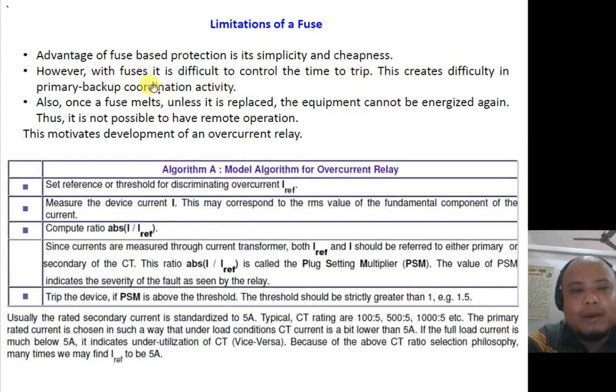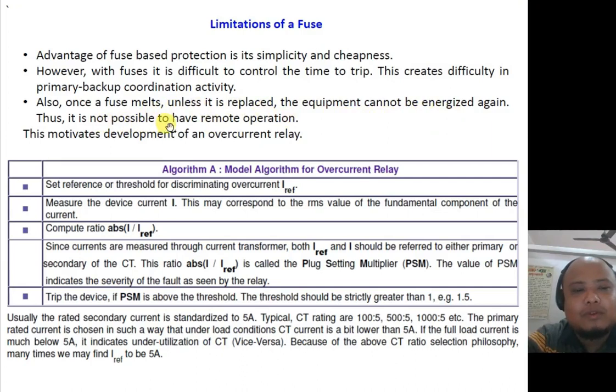As I told you, in primary backup coordination, we need a proper STI, selective time interval, between the primary and backup, because we cannot control the operating time of the fuse. It is difficult to achieve primary and backup protection using fuses. Also, once a fuse melts, unless it is replaced, the equipment cannot be energized again or connected in the circuit again.